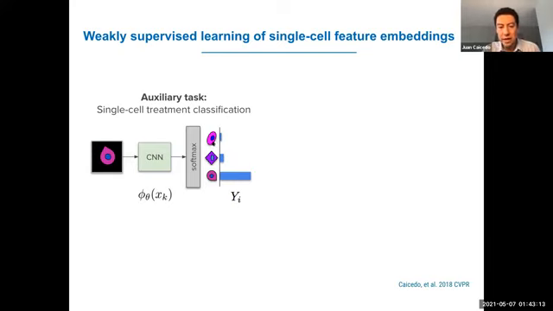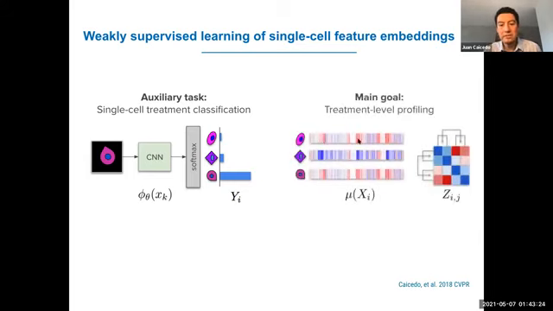So the network has to make this classification decision, but we don't care about the classification because we already know what was the compound applied to the cells. What we want is the features that the network comes up with in order to organize those cells in a meaningful way, because those features are going to tell us whether the compounds are similar or not.